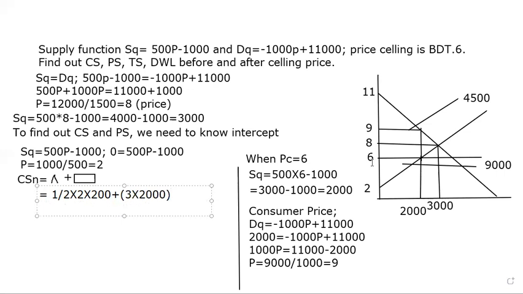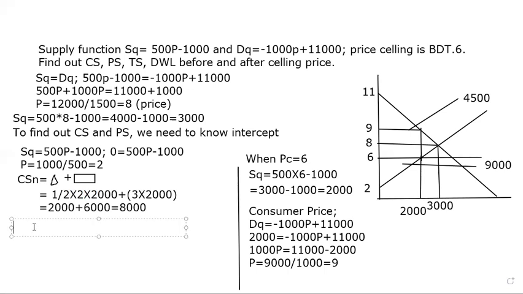Then 2 and 2 will be crossed. After that you will get 2000. This is 1000. 2000 plus 6000 equal to 8000 will be your new consumer surplus.